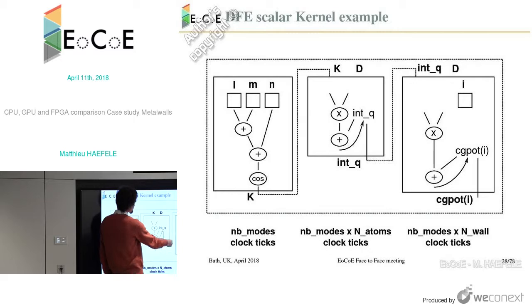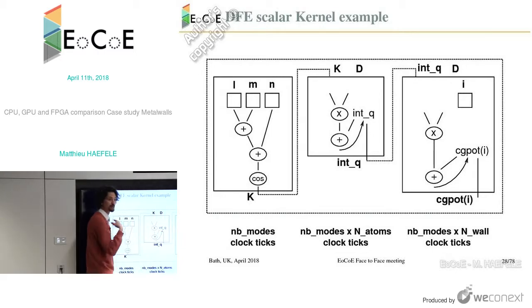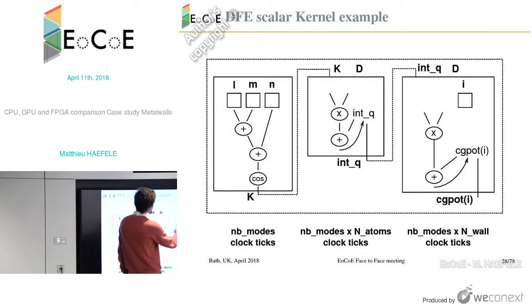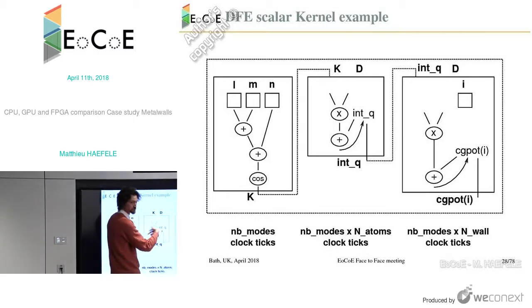Then you will enter a second kernel that will make the multiplication between K and the D that will depend on the atoms. And then you will make the reduction, so the results of the multiplication, you will add it with the current value of the reduction operation until the end of this kernel, and then the result will flow into the third kernel, and so on.